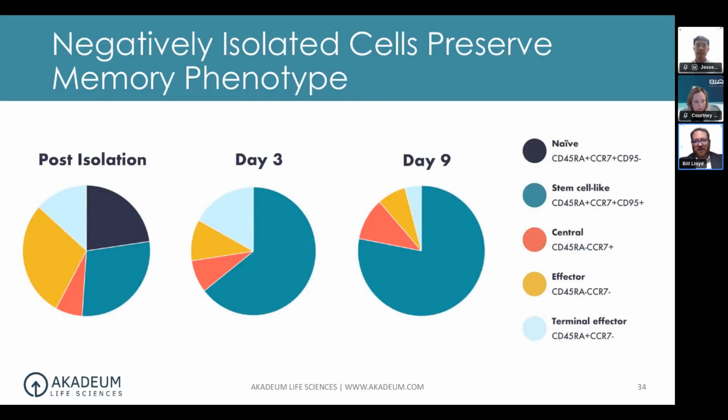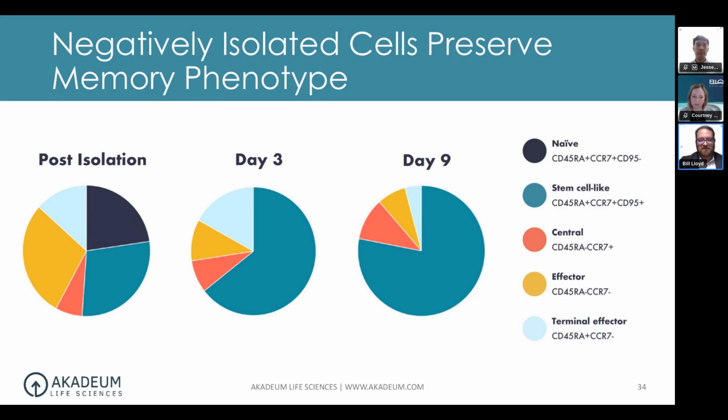But that wasn't enough for us, right? We know, and the science is only building on this, with publications even published last week that we're very excited about from some of the scientific leaders in the field, that emphasize that memory phenotype might be more important than any other parameter for CAR T effectiveness.